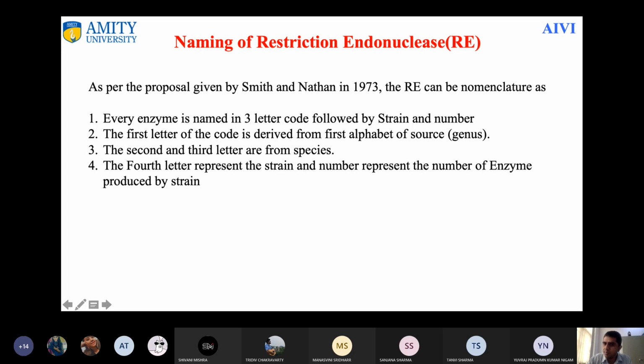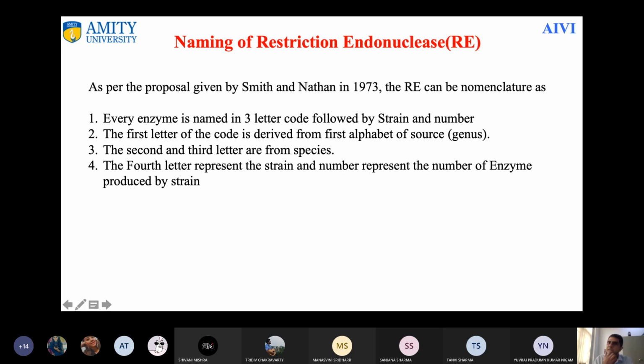And if there is no strain, then the strain is not going to be there, and if one enzyme is isolated, then we call that enzyme ADMI1. Similarly, if you call it Atoiba Thokchom, then the name of the enzyme will be ATH1. The enzyme is the first.